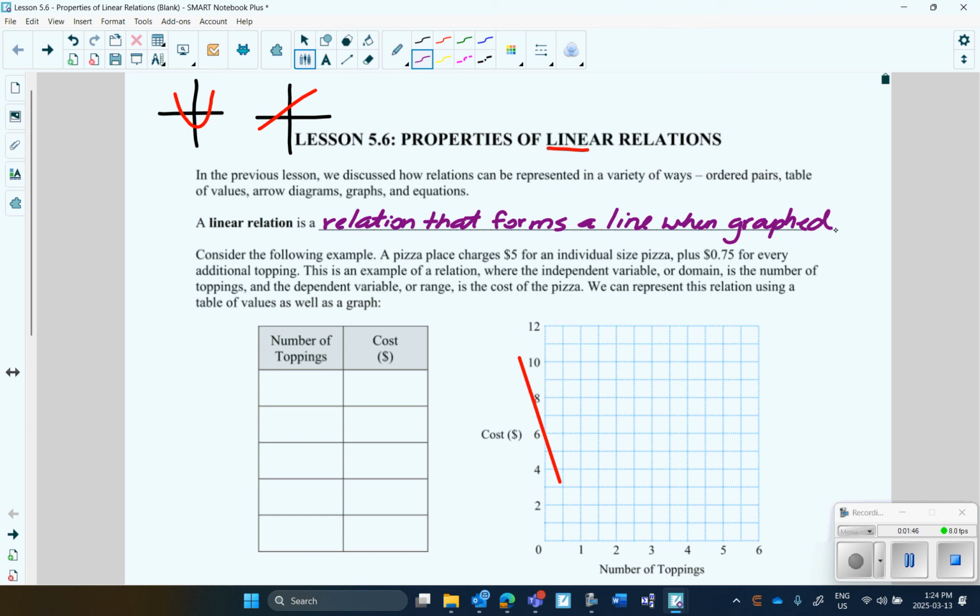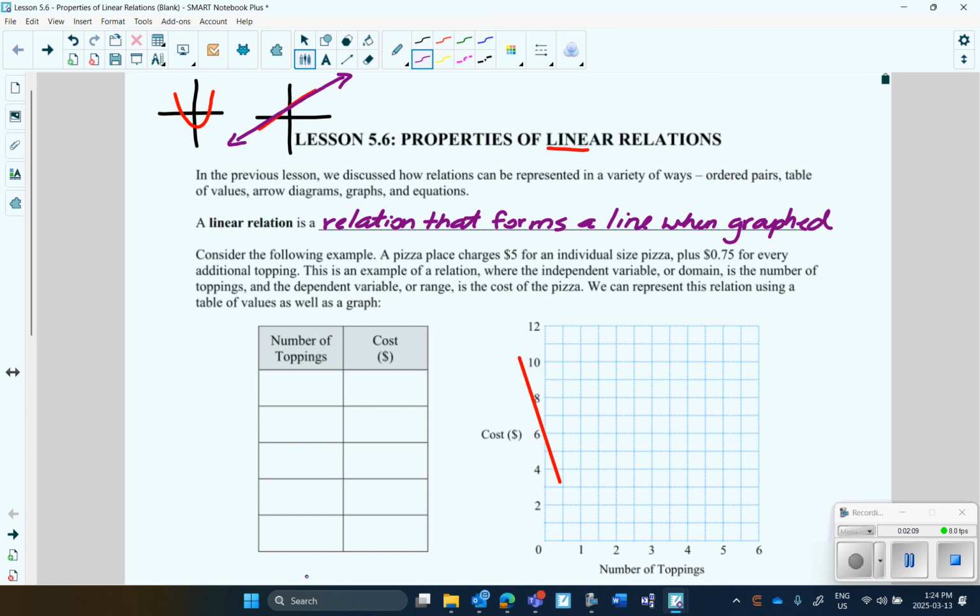Now, a linear relation doesn't necessarily have to be a line, but it can form a line. Like this one is technically not a line. It's a segment because it has a starting and stopping point. But it forms part of a line.